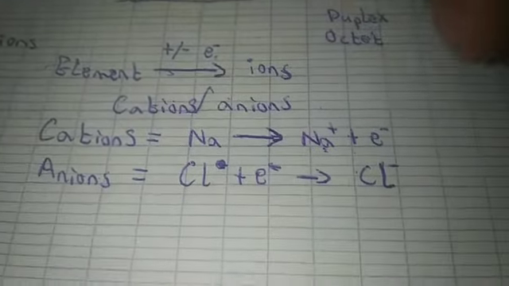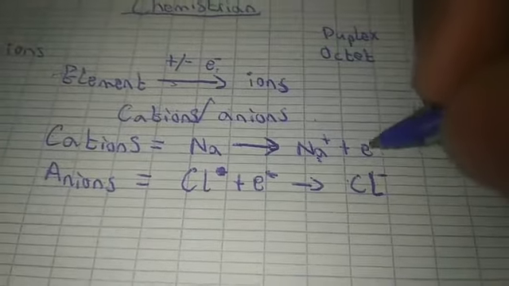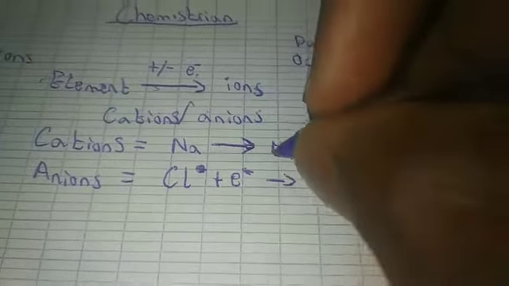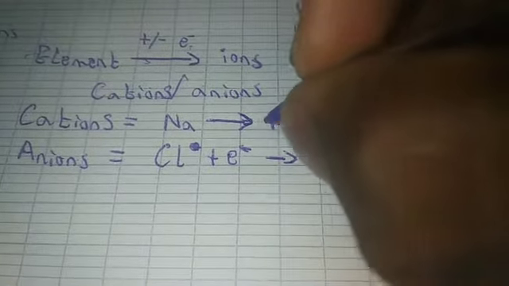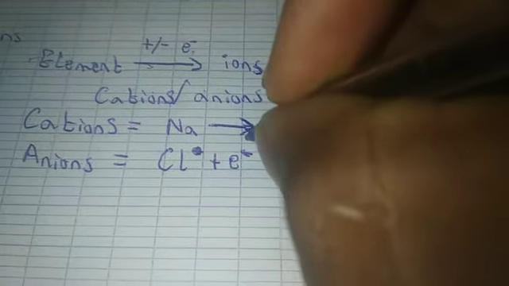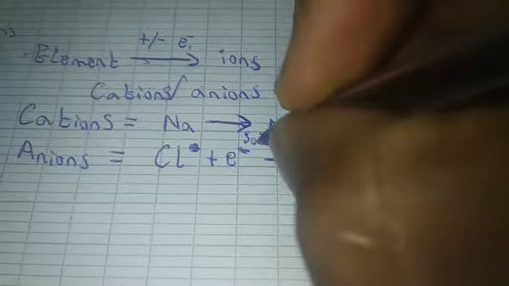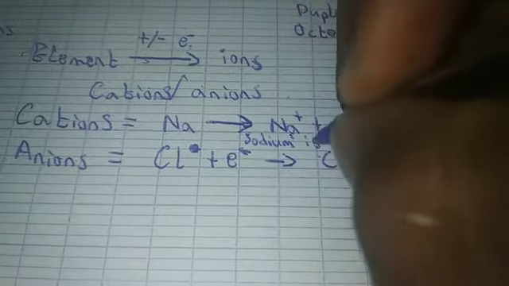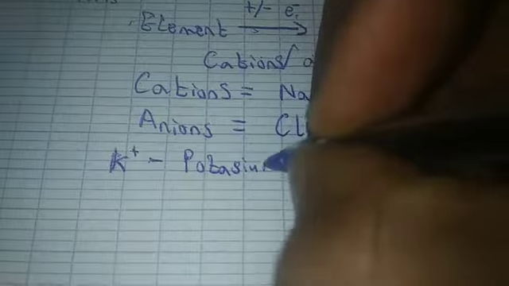So technically these are about ions. Now the naming convention for cations: all you have to do is write the name of the element and add ion as a suffix. So this is sodium, and all you have to do is add ion. If we had potassium, this will be called potassium ion.